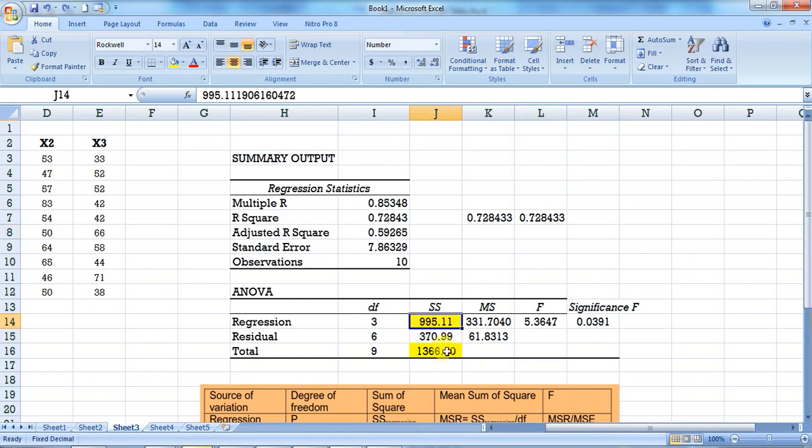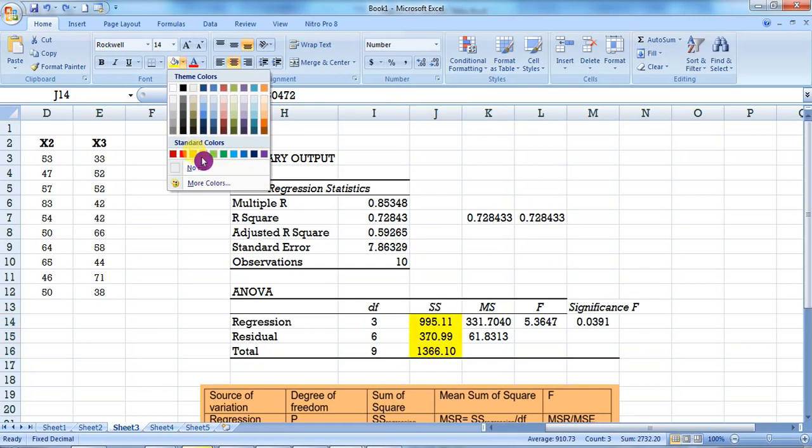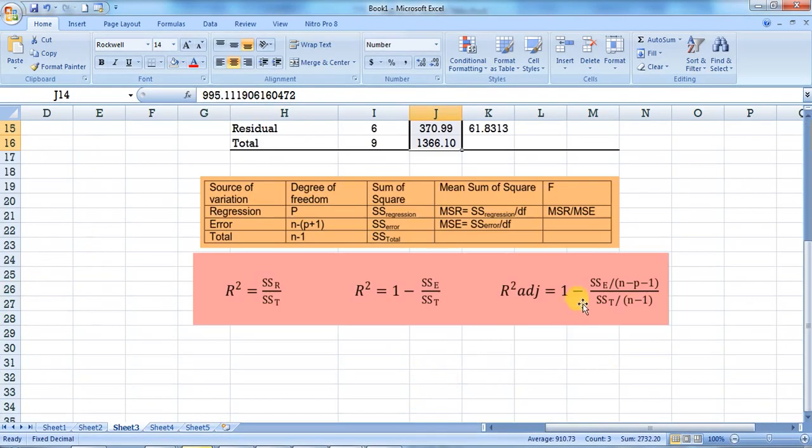Now in this case we have used the sum of square. And we know that the adjusted R square is nothing but 1 minus sum of square error divided by its degrees of freedom, divided by total sum of square again divided by its degrees of freedom, N minus 1.